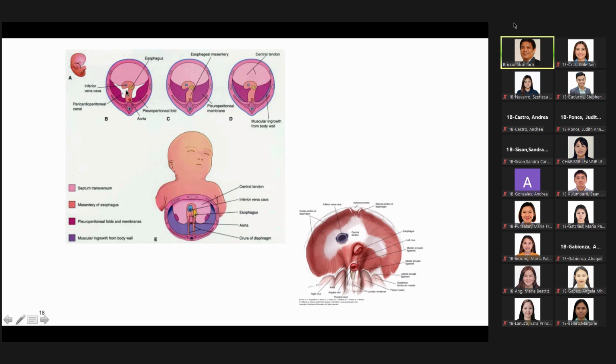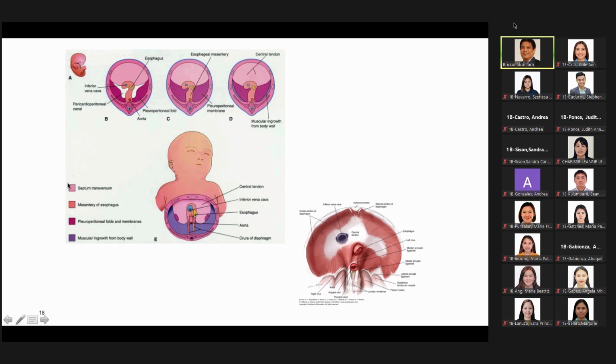That would be the inferior vena cava, that would be the esophagus. You have your esophageal mesentery. Now you have a closed area where you have a central tendon, and this is the adult diaphragm. You have the central tendon, you have the inferior vena cava opening, you have the esophageal opening there, and then you have the dorsal aorta opening there.